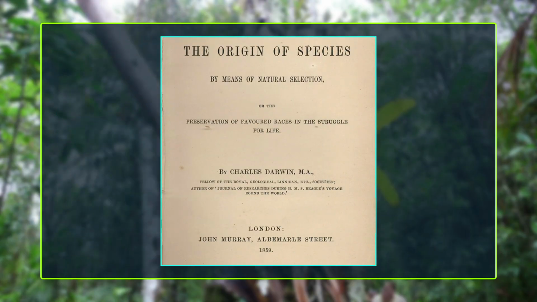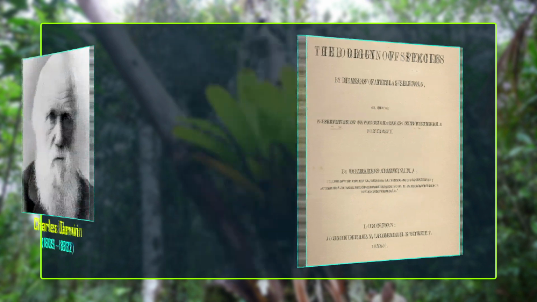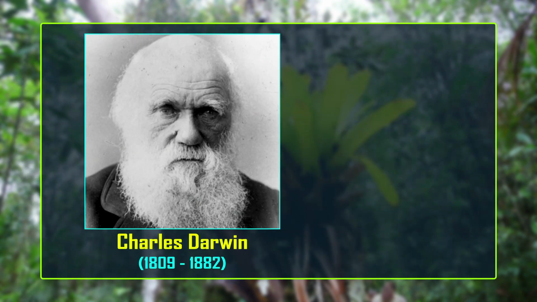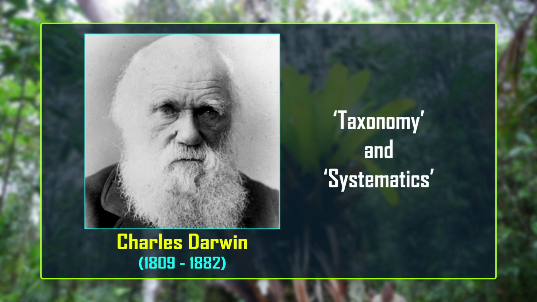In fact, until the publication of Theory of Evolution by Charles Darwin in the year 1859, the two terms systematics and taxonomy were regarded as almost synonymous with each other. However, since Darwin's time, systematicists have not only continued their interest in classification, but they have also attempted to understand the evolutionary relationships among the various groups which are arranged.